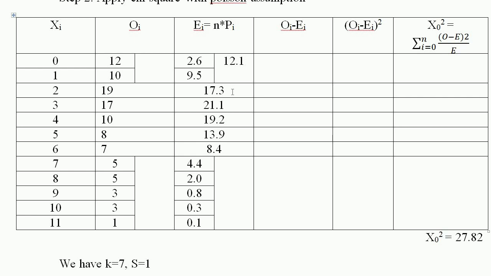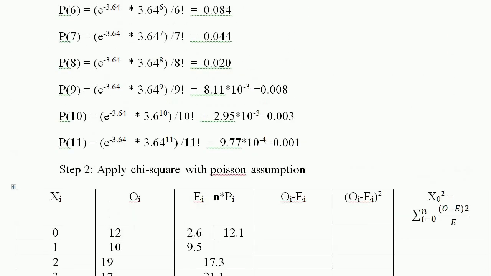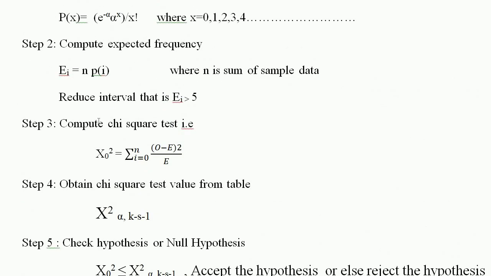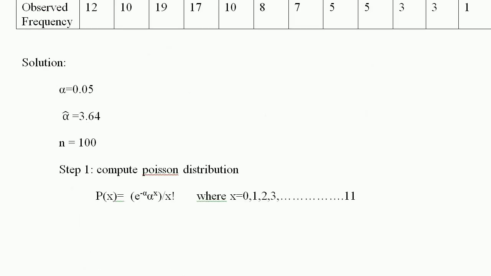So why are we going to combine here? It's in the procedure we have here, the Poisson assumption procedure. In this procedure you can see, reduce the interval, that is EI must be greater than 5. If it is not greater than 5, then we have to reduce the intervals.